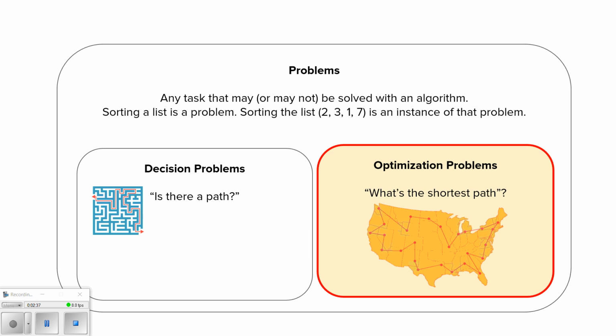An instance of that problem is sorting a specific list 2, 3, 1, 7. So a problem is something that might or might not be solved by an algorithm, which is a finite set of instructions that accomplishes a task. An instance is one example of that problem.